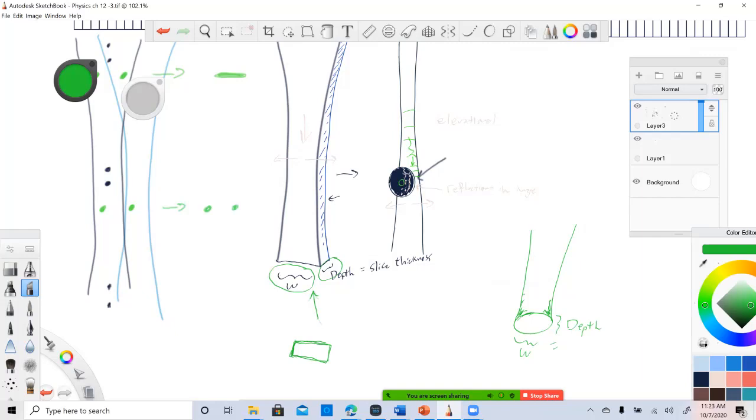And since it's a round beam, by the way, it also has a natural focus. Round element, round beam. And at the focus, lateral resolution and slice thickness are best.